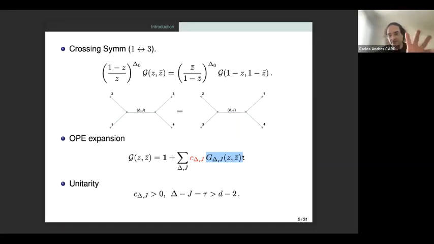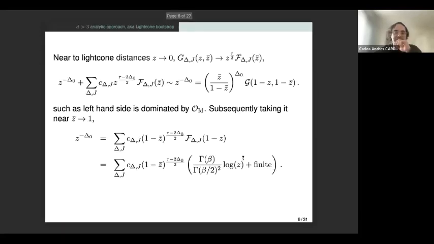You can compute them only by knowing the conformal symmetry, and they are known as conformal blocks. So we know those functions. Not all the time, but for dimension greater than 2, we know them. And taking the lightcone limit, they factorize in this particular way: there is a power in z and then a function that we know in z bar.